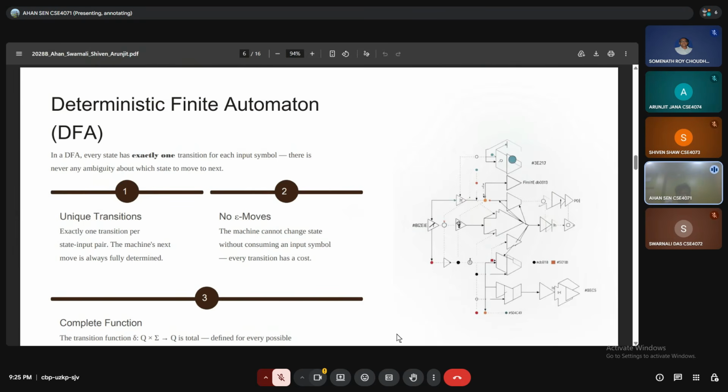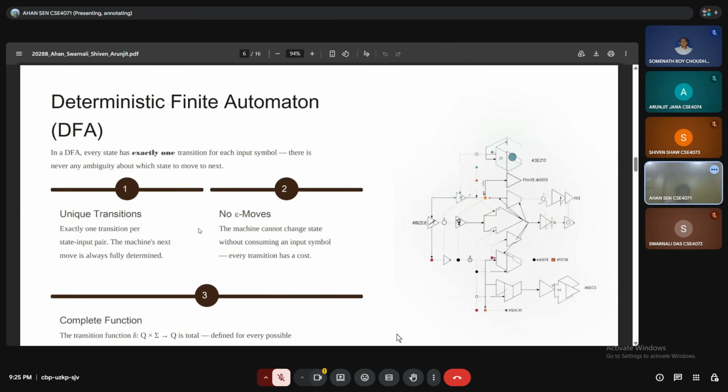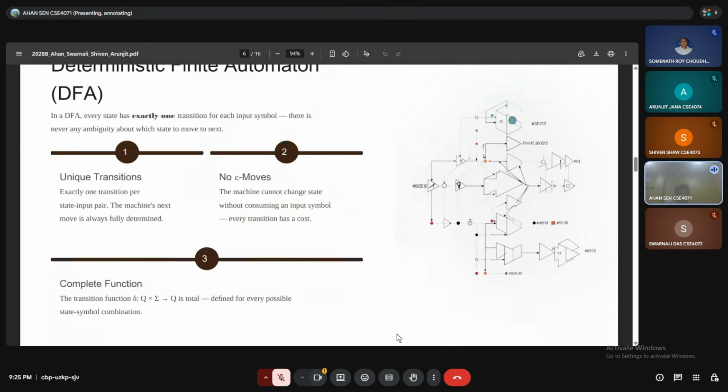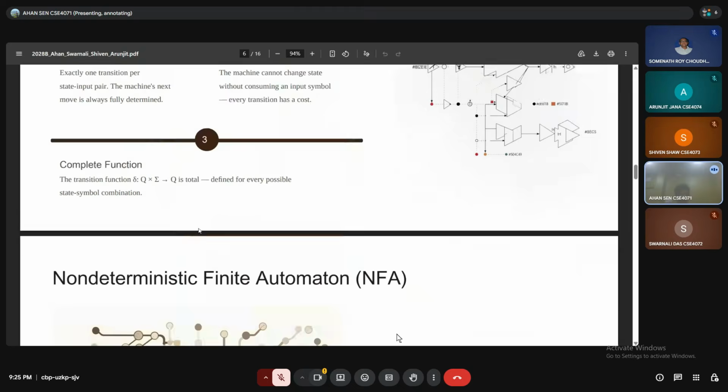So these are always fixed. The power of sigma cannot be zero. That is, the length of the string should at least be one, and it cannot be infinite as well. So DFA is rule based, and it is the simplest form of finite state machines.